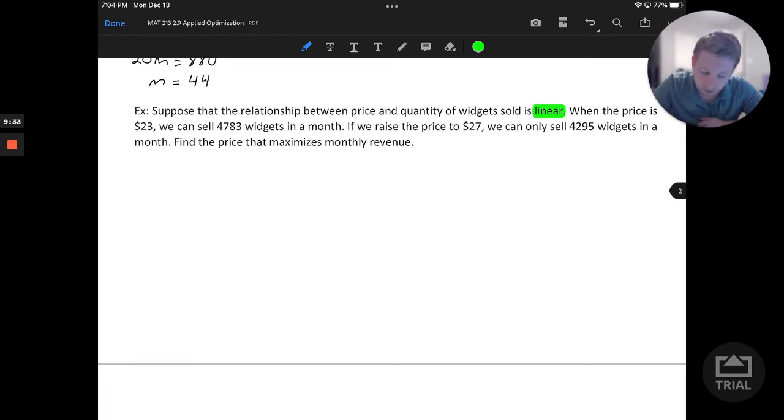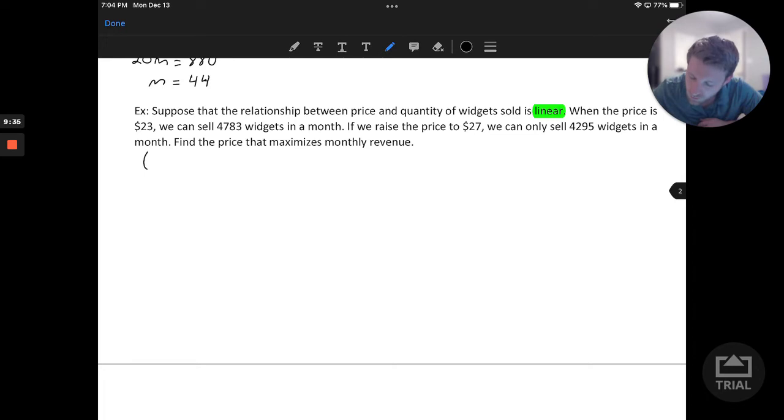So in other words, I'm going to consider these as 2 points on a linear function, where we have price as the input, quantity as the output. Again, we're changing the price, so that's going to be the input into this expression, and then quantity would be the result. So it's going to be a P comma Q point that we're going to work with.